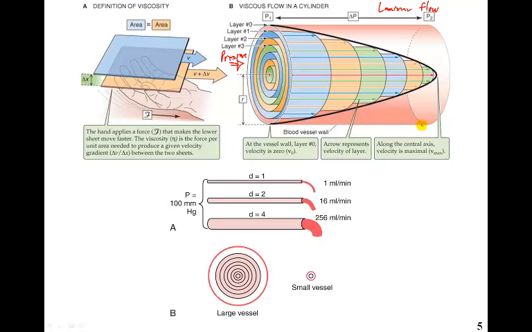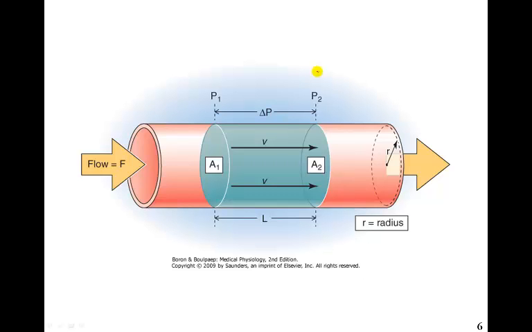And the laminar nature of blood, and the fact that the blood near the wall experiences more friction than the blood in the center, explains a lot about the resistance that a vessel places on blood flow. So in fact, we can calculate the resistance of a vessel.